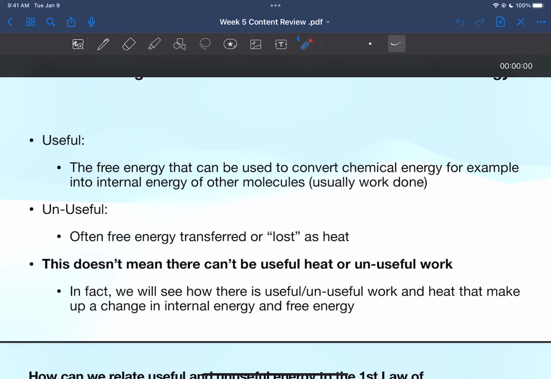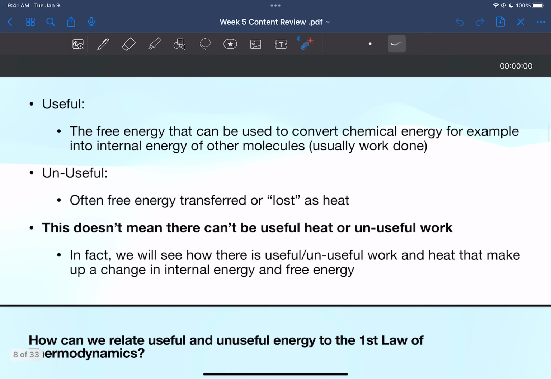Like I said, free energy is the energy available to do work to achieve that equilibrium state and that maximum state of entropy. That unuseful energy is free energy that's transferred or lost. Usually we look at that unuseful energy as heat, because unuseful energy is often free energy lost as heat. But that doesn't mean there can't be useful heat or that there can't be unuseful work.